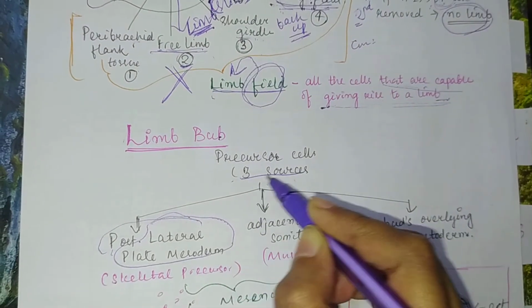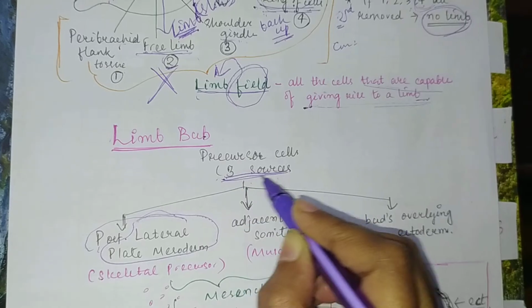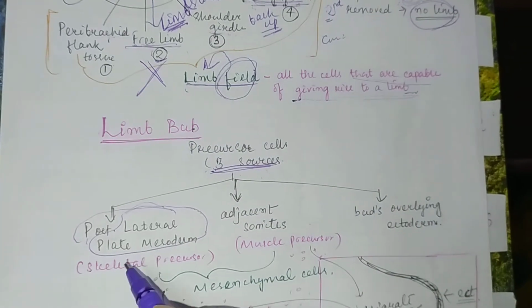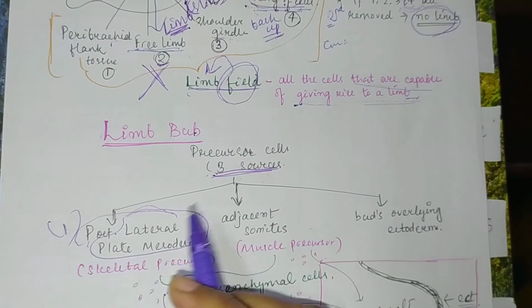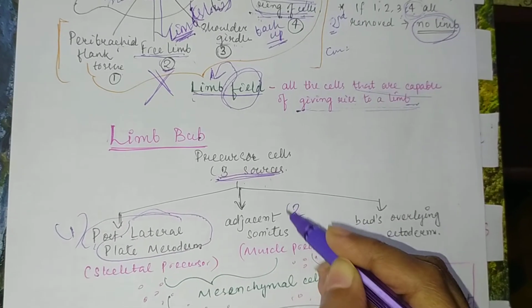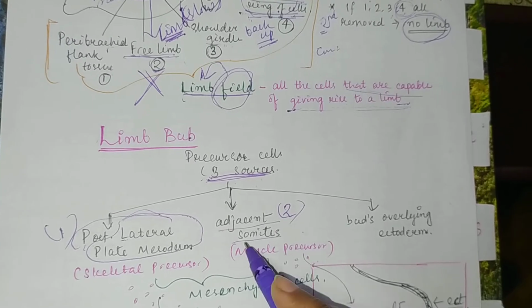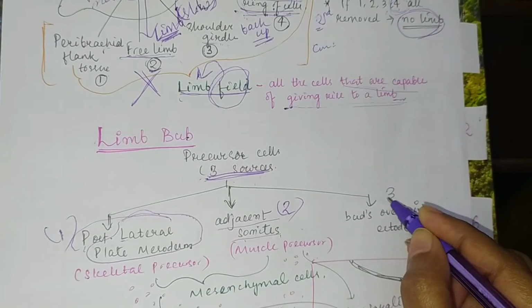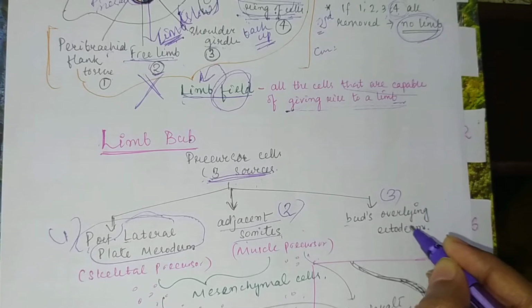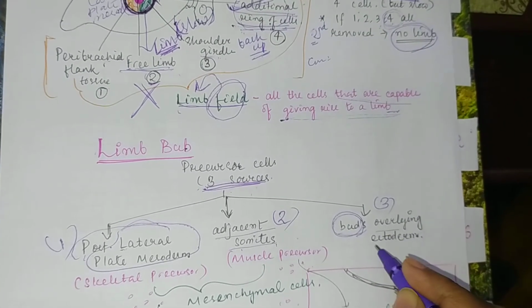These precursor cells are derived from three sources. What are those? First, the posterior lateral plate mesoderm. Second, some cells also come from the adjacent somites. And third, cells from the overlying ectoderm.